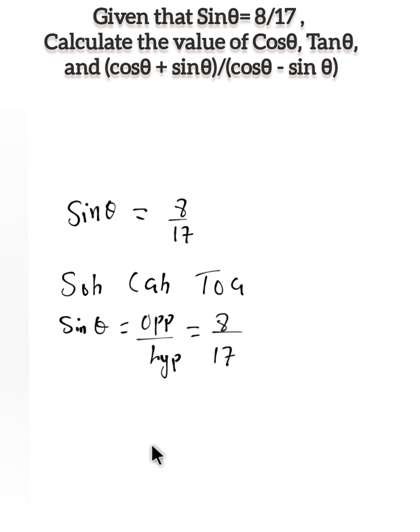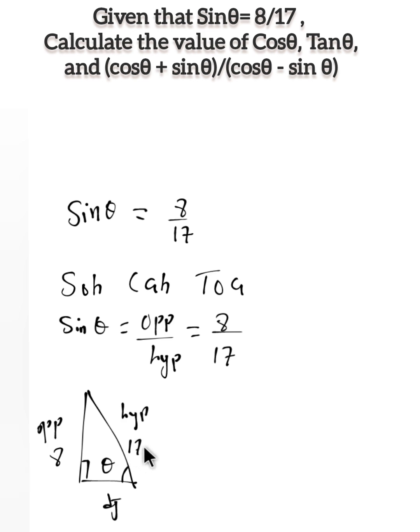Now applying this into the right angle triangle, where this is the hypotenuse, this is the opposite, and this is the adjacent. We have that opposite is 8, the distance here is 8, and hypotenuse is 17, here is 17.